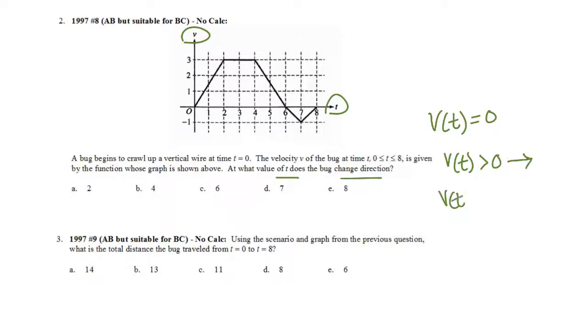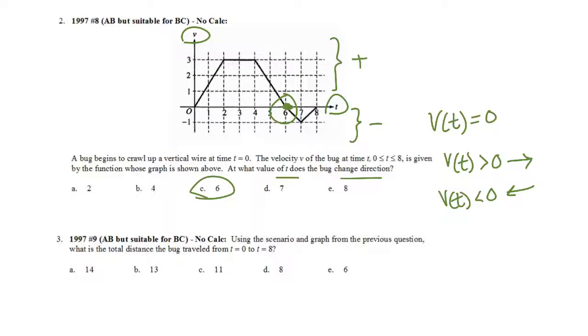If velocity is negative, the particle is moving left. Notice above the t-axis I have positive velocity, below is negative velocity, and here we've stopped, so I think it would have to be answer choice C.